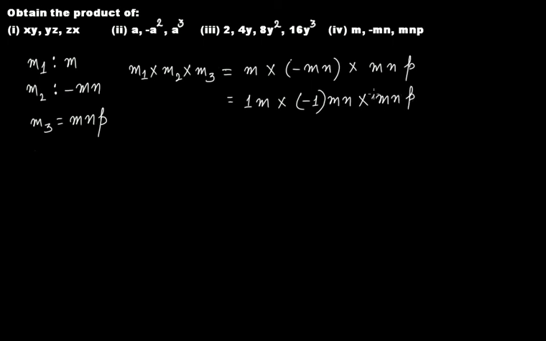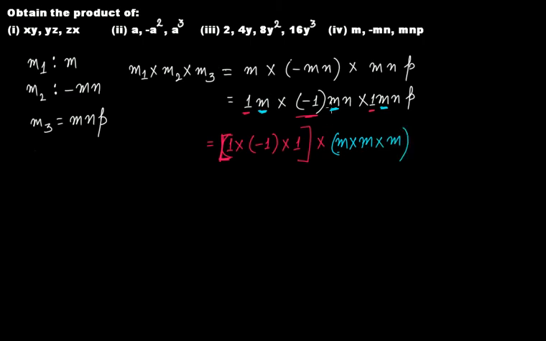Now 1 here, this is 1, this is minus 1, this is 1, so 1 multiplied by minus 1 multiplied by 1 multiplied by, you have m here, you have m here, you have m here. So this is m multiplied by m multiplied by m.